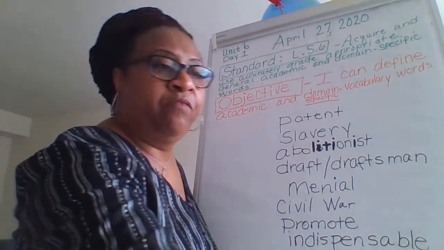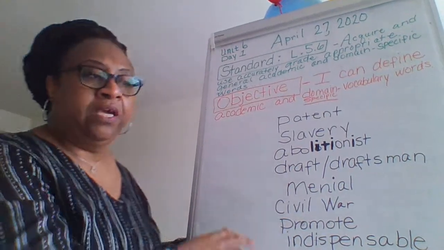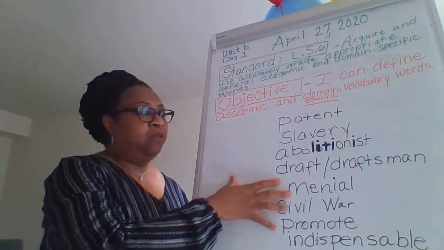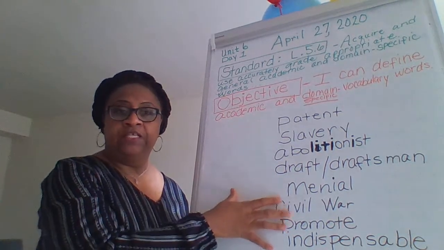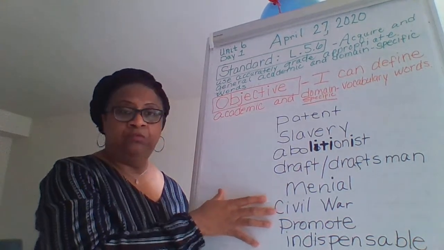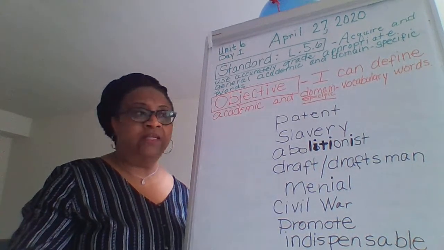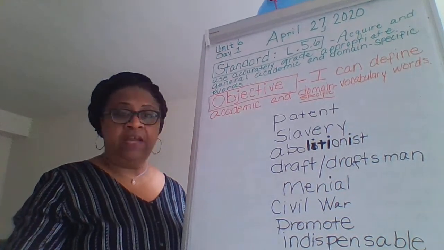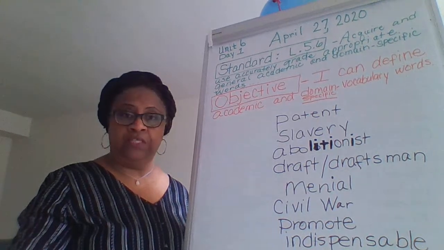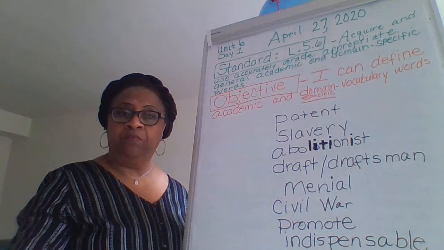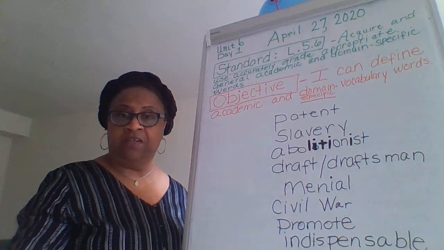So becoming familiar with the words from the beginning before you start to get into your text helps you to understand what you're reading about. So that is why it is important to define our domain specific words so that we can have a clear understanding of what information the text is giving us.